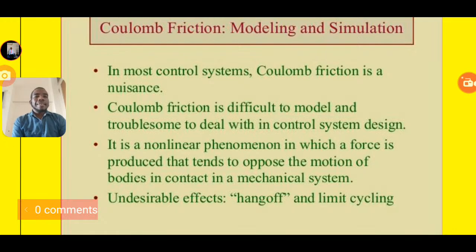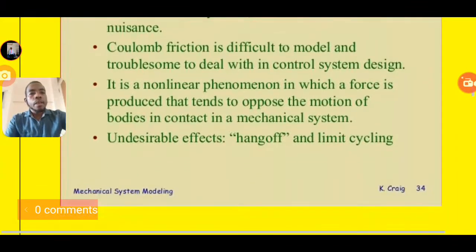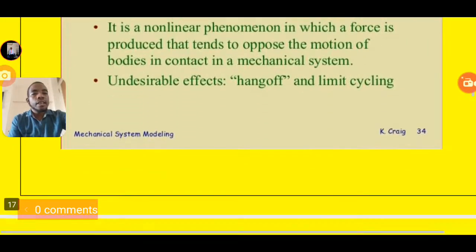So it is a nonlinear phenomenon in which a force is produced that tends to oppose the motion of the bodies in contact in the mechanical system. Undesirable effects mean hang-off and limit cycling.